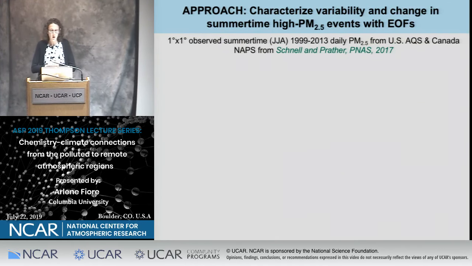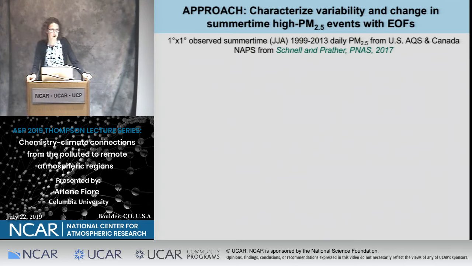Okay, so again, our approach is to characterize variability and change in these summertime high PM 2.5 events using this EOF analysis. For the observational data set, what I'm using here is a gridded, interpolated data set that Jordan Schnell, who is now at Northwestern University, made.